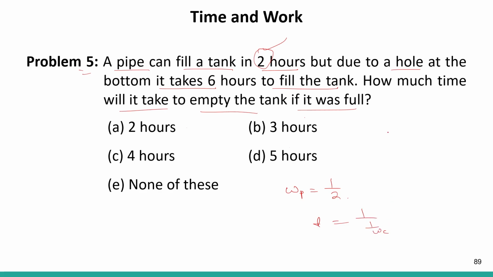So WC is equal to WP minus WX, where WX is the work rate of the hole. So this is equal to 1/2 minus 1/X, where X is the time it takes for the hole to empty the tank. So how much time will it take to empty the tank if it was full?